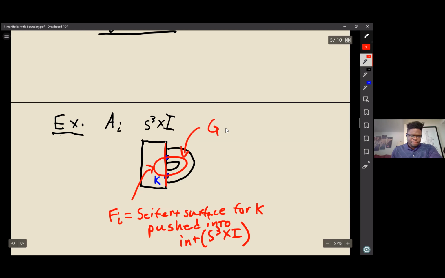And this G_i is going to be the core of the 2-handle.